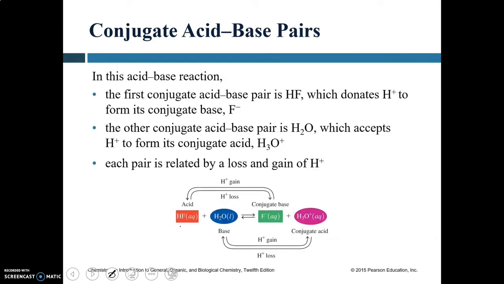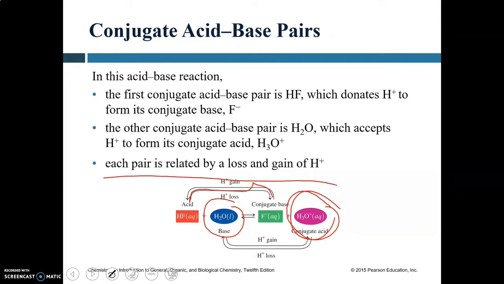For instance, when hydrofluoric acid interacts with water, it donates hydrogen to water. Thus, hydrofluoric acid and fluoride anion form one conjugate acid-base pair. Hydronium ion and water form a second conjugate acid-base pair, where hydronium ion is the conjugate acid and water is the conjugate base. And you can see that each pair is related by loss and gain of hydrogen ion.